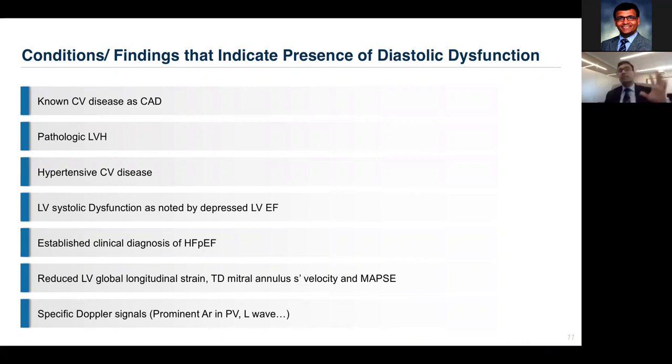If any of these are present, then you know that the patient has diastolic dysfunction, and you go to the second step directly, and that is, what is the grade of diastolic dysfunction?